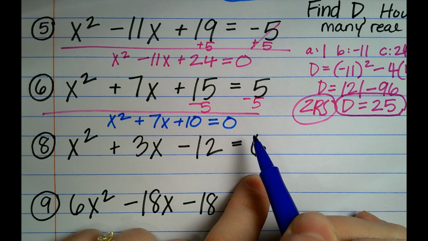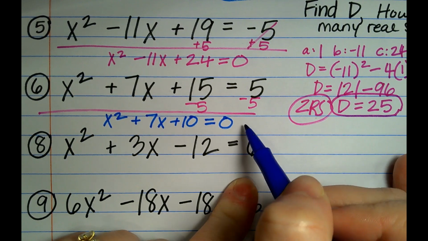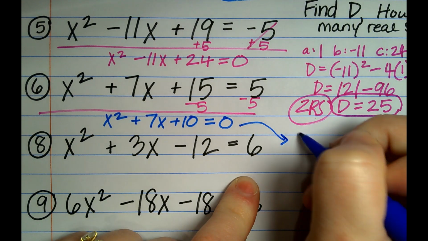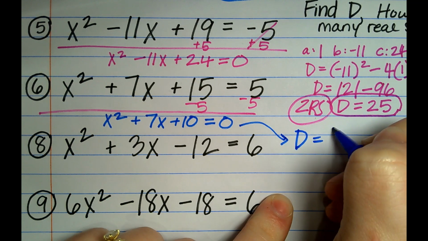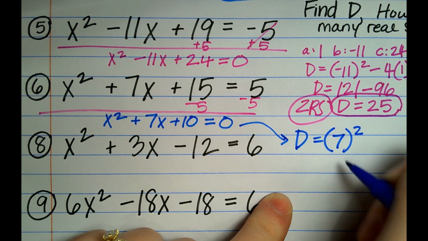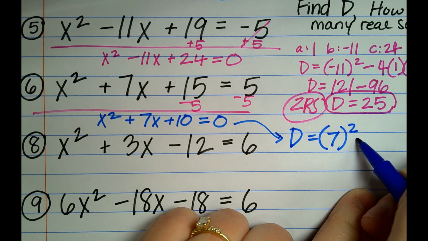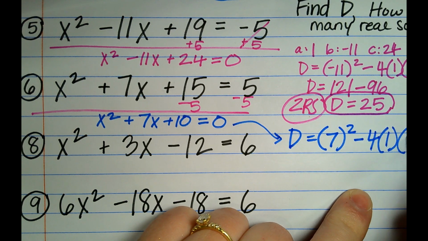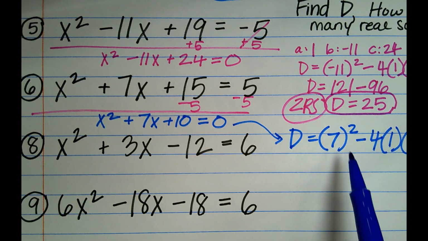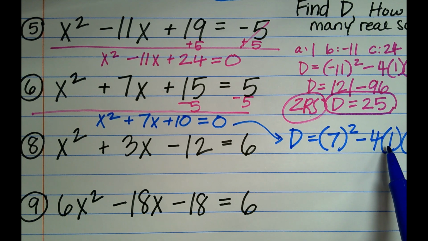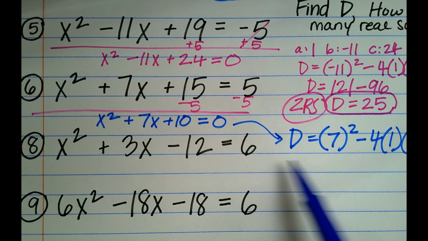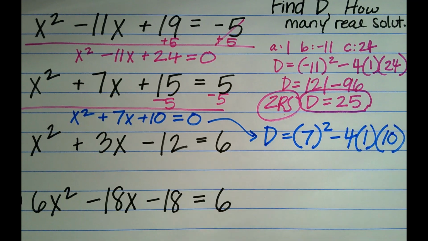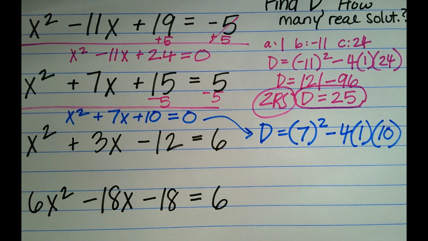I set up a formula, which is b squared. Perfect. 7 squared minus 4 times 1 times 10. Perfect. So 7 being B, 1 being A, 10 being C. We've got all of our numbers plugged in. And where'd you go from there?